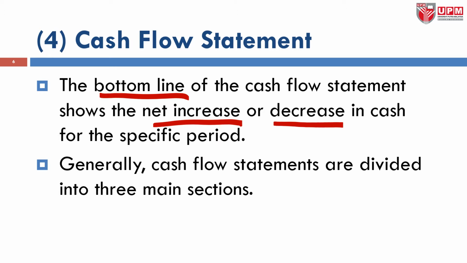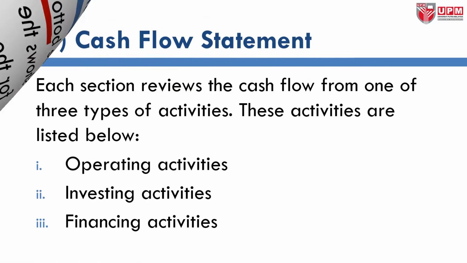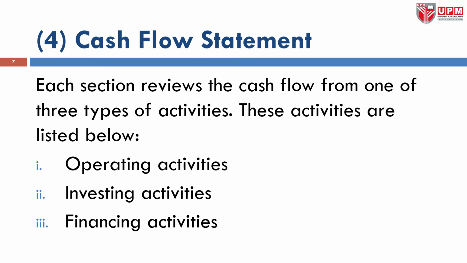Generally, cash flow statements are divided into three main sections. Each section reviews the cash flow from one of the three types of activities. So these activities are listed below. We have the operating activities, investing activities, and financing activities.